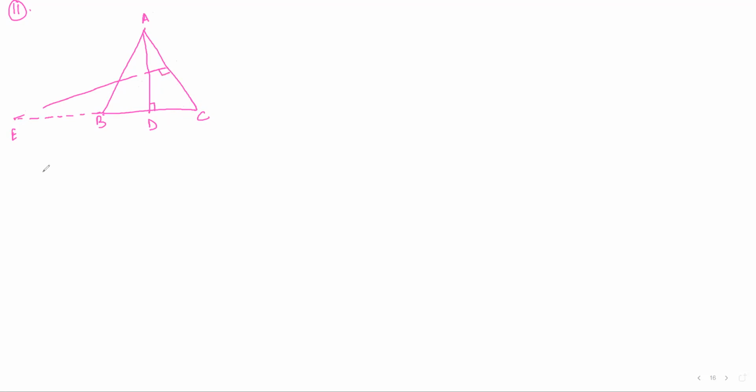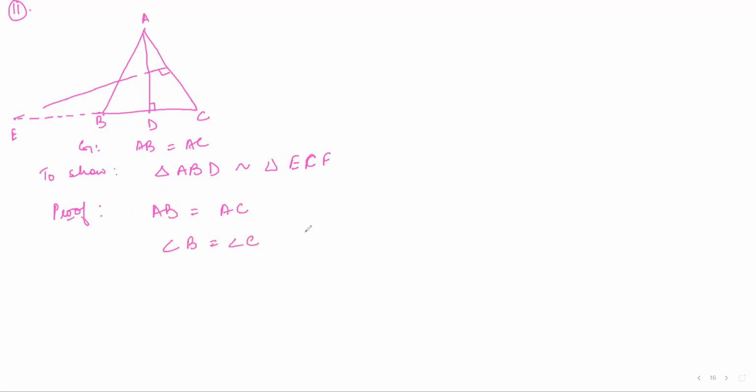And then you have to show that triangle ABD is similar to triangle ECF, right? And this is given that AB is equal to AC. Yes. Okay. Proof. So one hint is here itself, Sarah, when it is given that AB is equal to AC, that means angle B is equal to angle C, right?